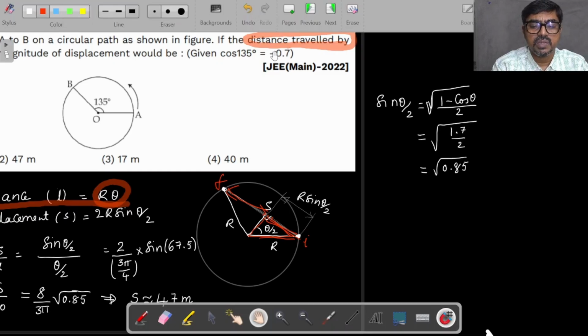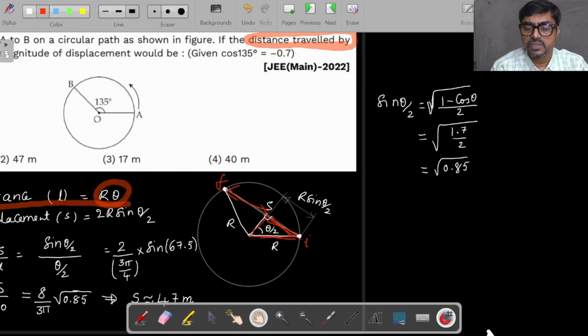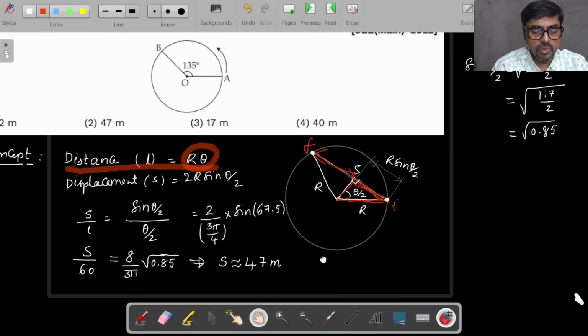Cos theta they had given as minus 0.7, so I will substitute there, minus of minus plus, it will become 1.7 by 2, meaning 0.85. Under root of 0.85, how much is it? Under root of 0.81 would be 0.9, and 0.85 is slightly more, 0.9192 something like that, you will get this value. So that I am going to use here.